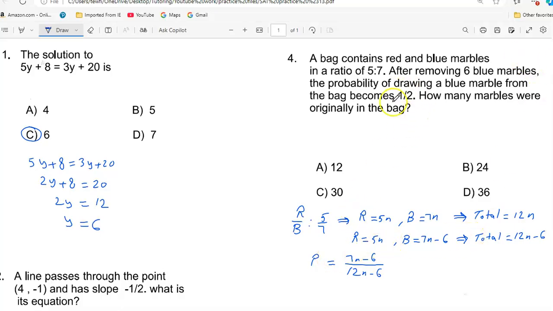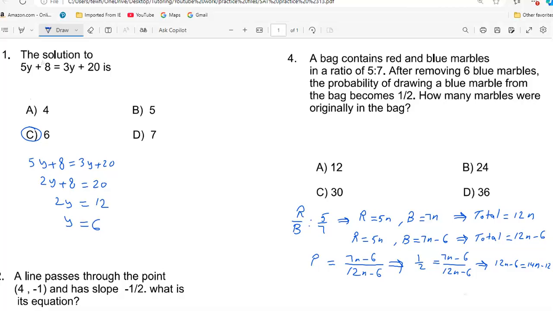So the probability is 1/2. So this ratio is equal to 1/2. 1/2 equals 7n minus 6 over 12n minus 6. If you cross multiply, what are you going to get? 1 times 12n minus 6 is 12n minus 6, and 2 times 7n minus 6, that's going to give us 14n minus 12.